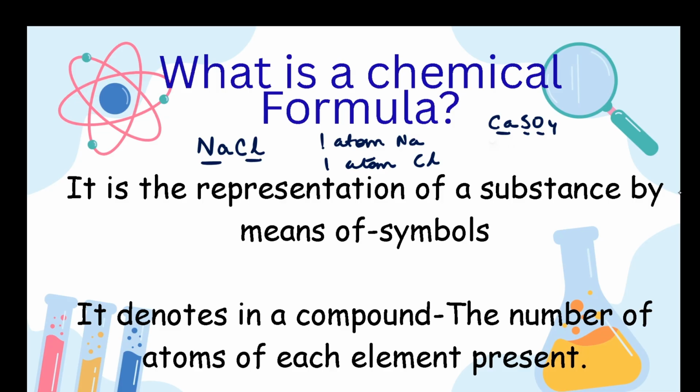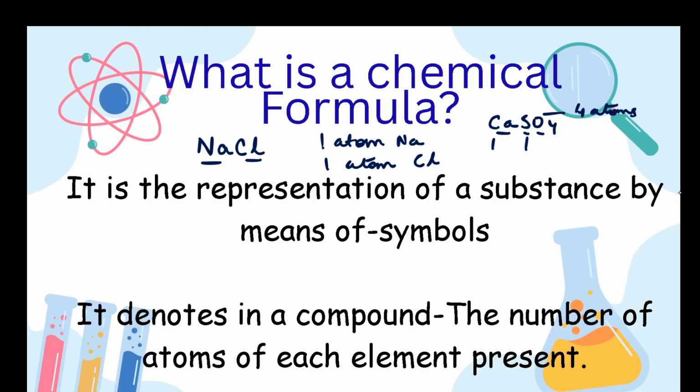And how many atoms? 1 atom of calcium, 1 atom of sulfur, and 4 atoms of oxygen. So, these types of simple questions can be framed where you have to identify the number of elements and how many atoms are combining in that particular compound to form a given chemical formula.